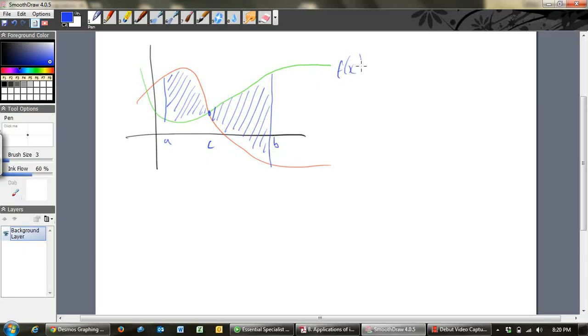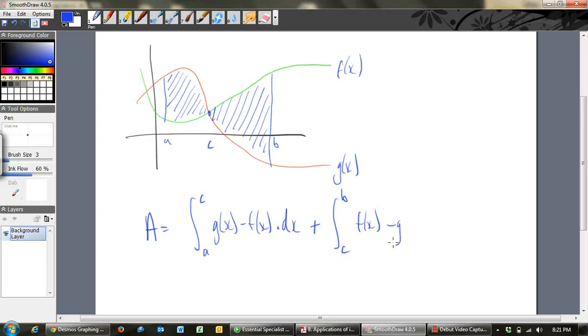So if the green line was f of x and the red line was g of x, then your area will be equal to the integral from A to C, and in this case the red line is on top, so g of x minus f of x dx, plus the area of the next lot from C to B. From C to B, f of x is on top for this region, so f of x minus g of x dx. Don't forget your dx. And that's it. That's the area between graphs.